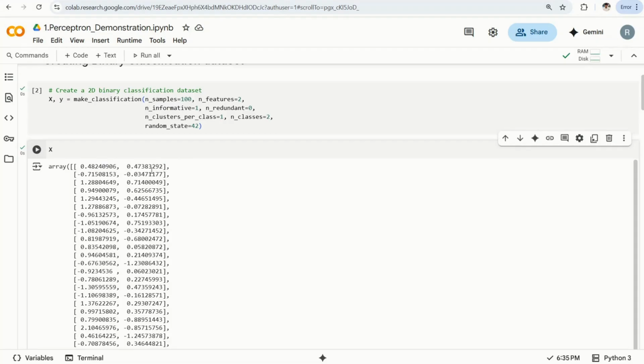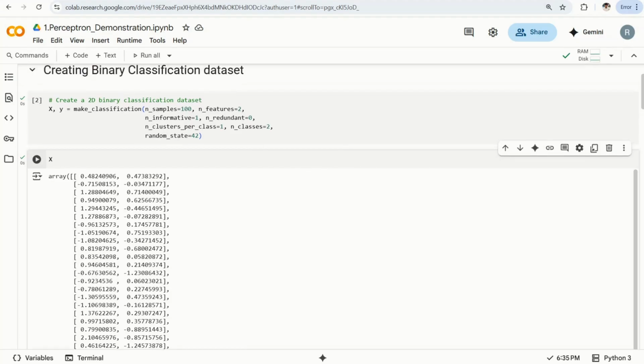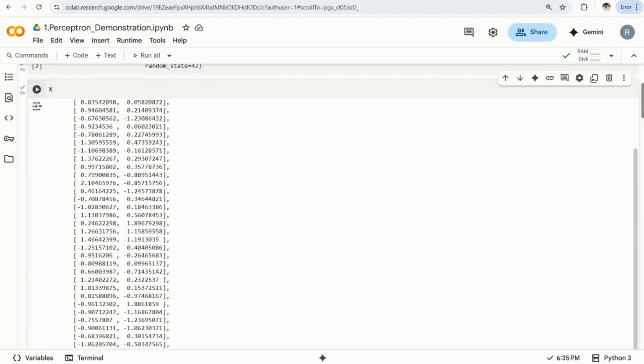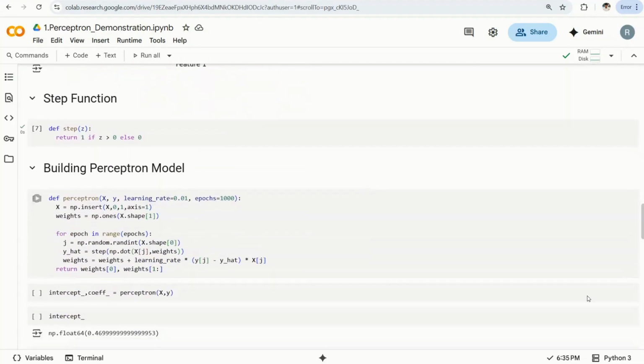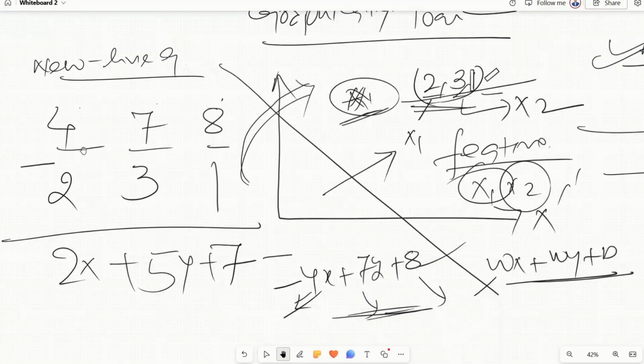At the 0th column I'm introducing 1. So after the insert it will have 3 columns. So it will add 1 here, so it will be 1 comma this point and this point. I hope you got the essence, right? I explained why we are adding this here.